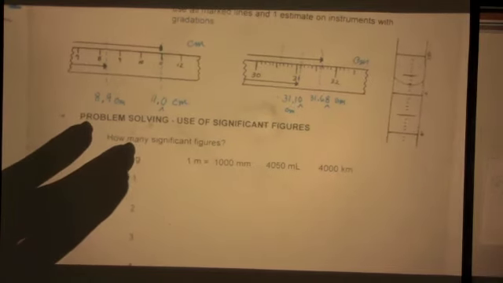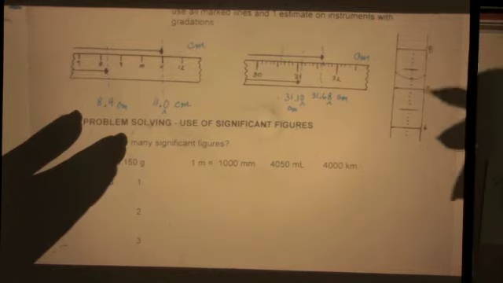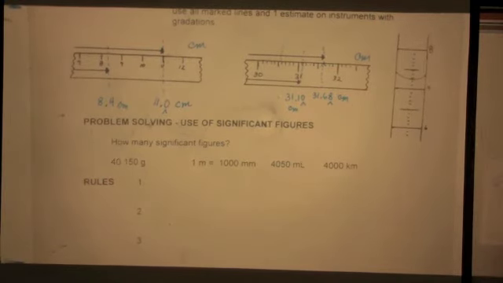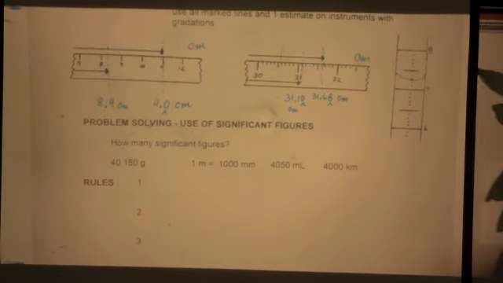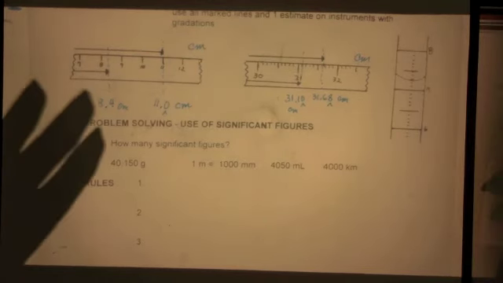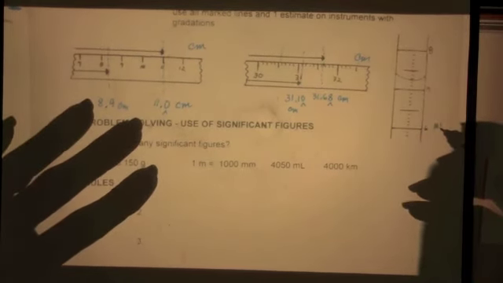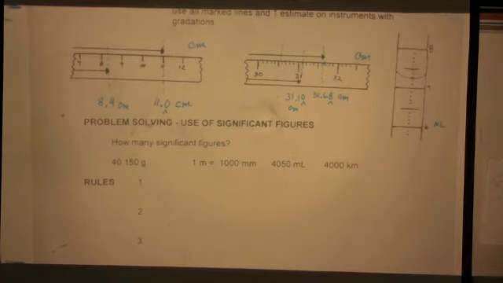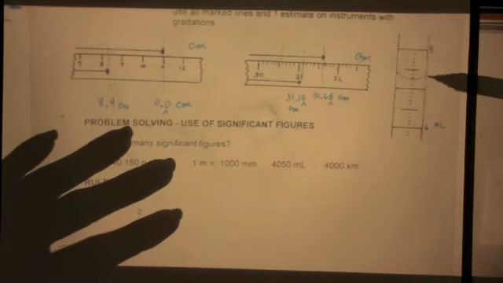One more here. We have, what do you think this could be coming from? Yeah, this is a graduated cylinder. What units would probably be used in a graduated cylinder? Yeah, milliliters. All right, so there's my unit. Notice it goes up the more there is.